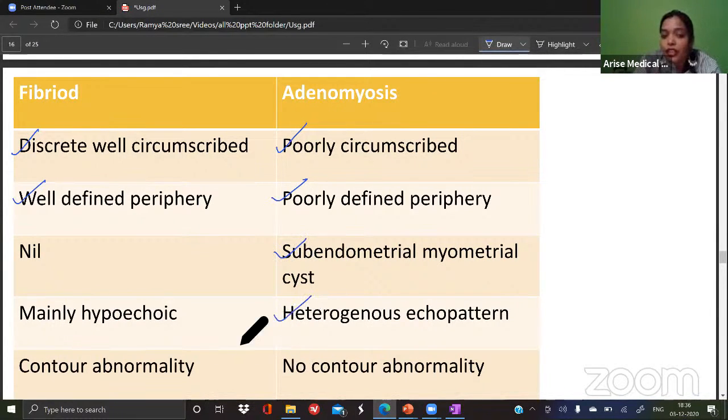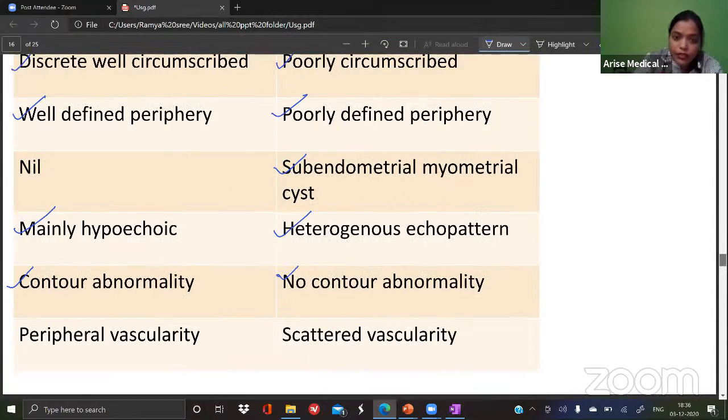Adenomyosis has a heterogeneous echo pattern, while fibroid is mainly hypoechoic. Contour abnormality is there in fibroid, no contour abnormality in adenomyosis. Adenomyosis has scattered vascularity, while fibroid mainly has peripheral vascularity. So these are some of the differences between fibroid and adenomyosis.